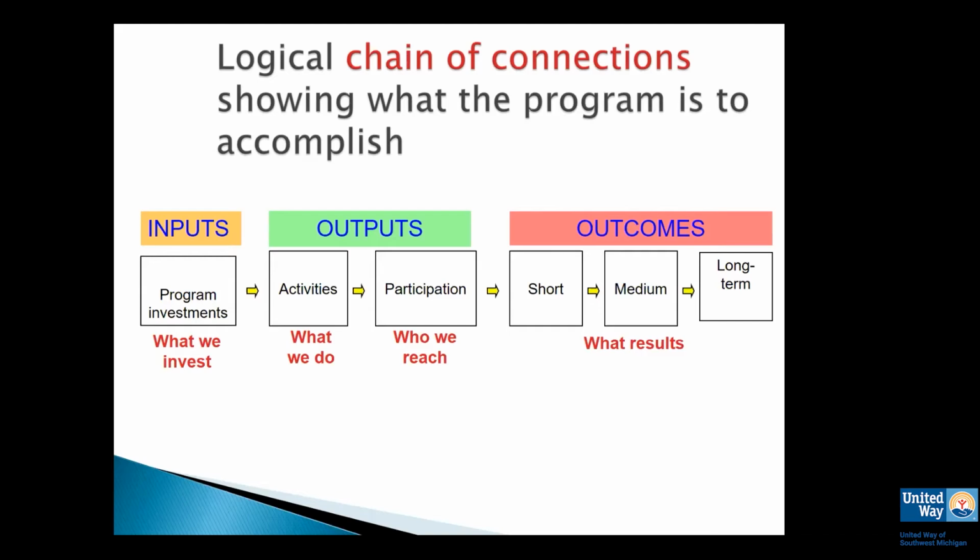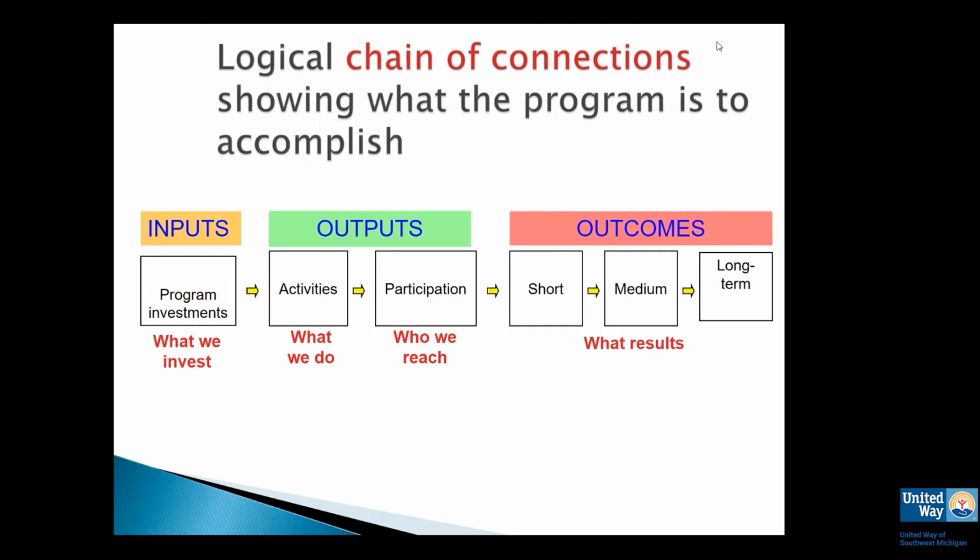When you come to outcomes, that is what results came about as a result of the program. Usually when we think about outcomes, we think about results short-term, medium-term, and long-term. For the most part, we don't even care about long-term with most agencies, because long-term usually has to do with ultimate impacts, big picture community things over time, like reductions in crime or reductions in unemployment.